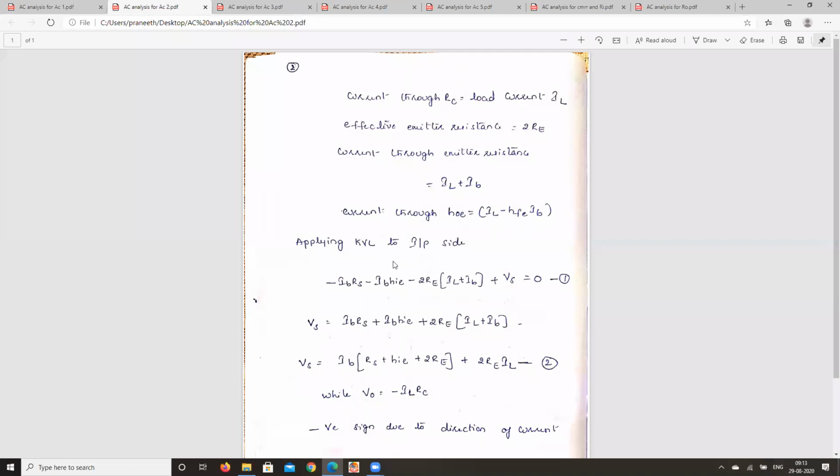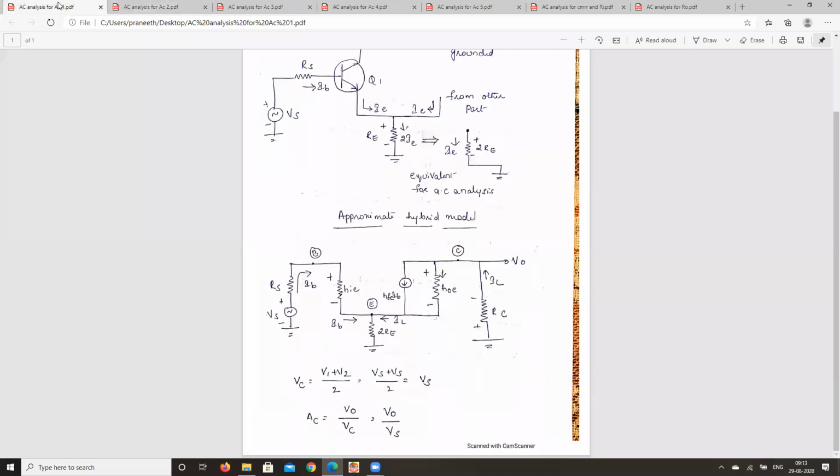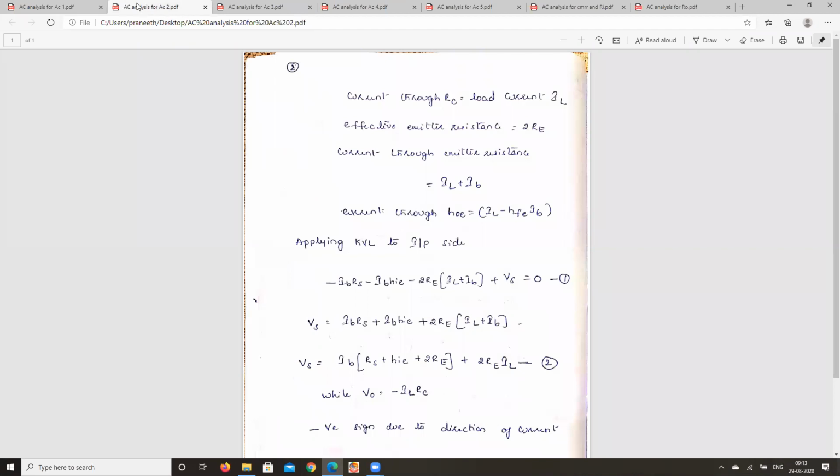Now we apply KVL to the input side. What are the voltages we have? IBRS, HIE IB, (IB plus IL) into 2RE, and Vs. Applying KVL to the input side, we get this expression. Are you listening?